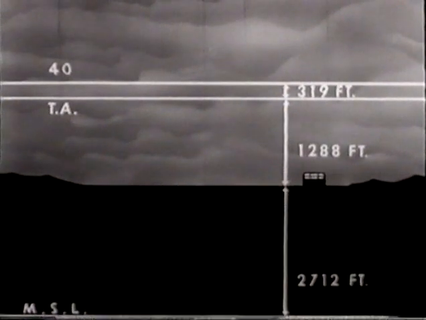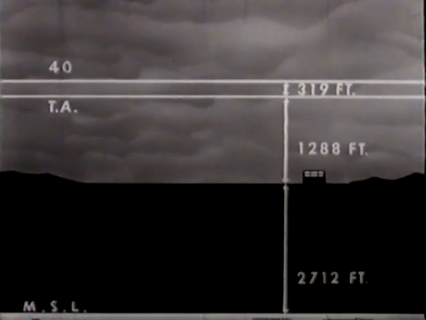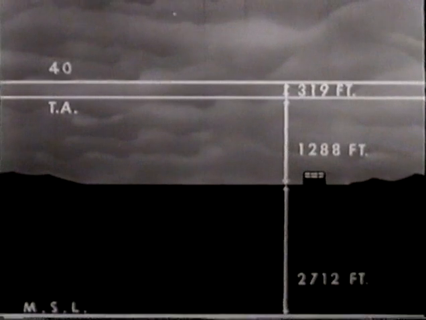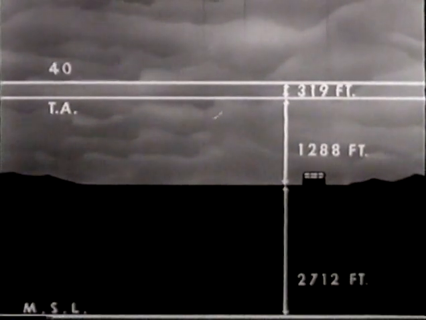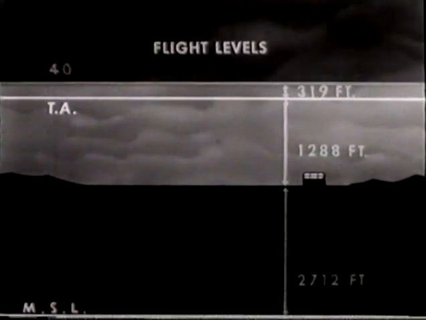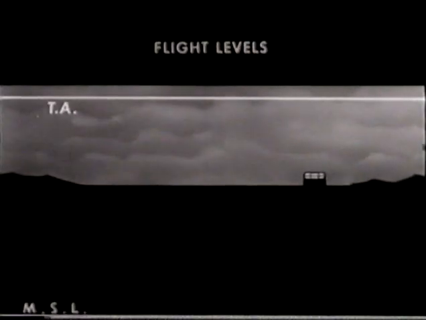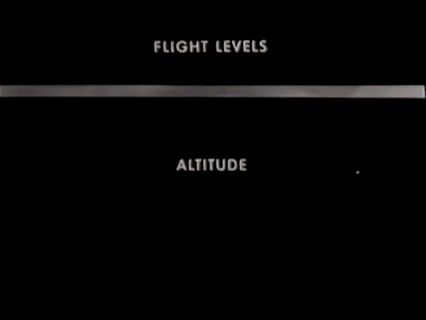The transition level is 319 feet above this. All aircraft at or above the transition level report in terms of flight levels, while aircraft at or below the transition altitude report in terms of altitude.